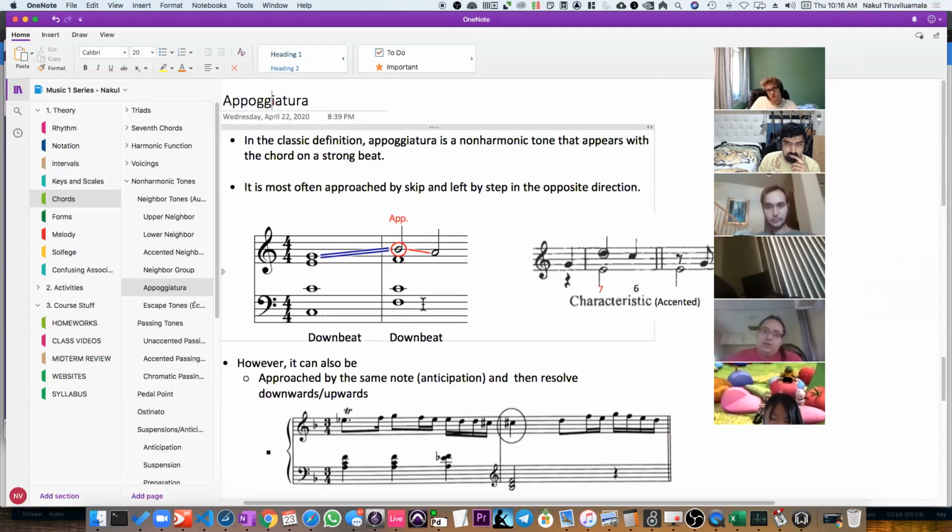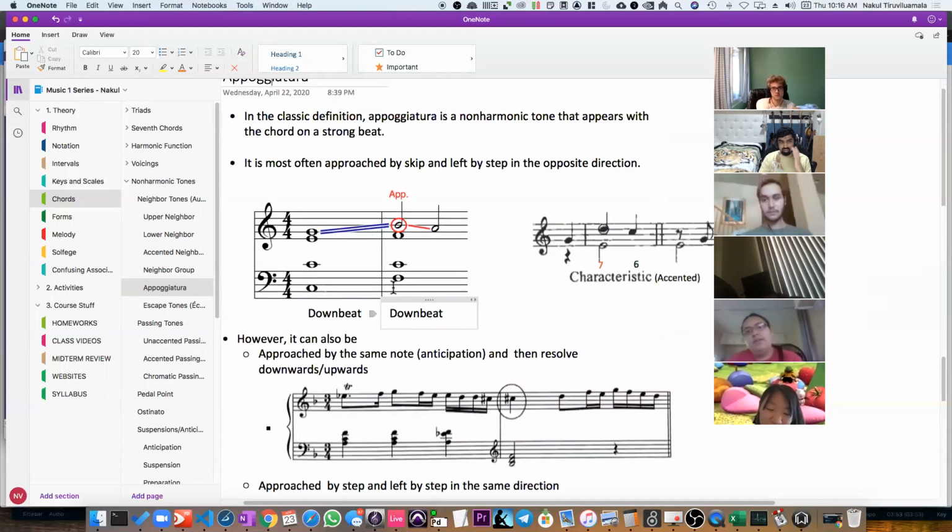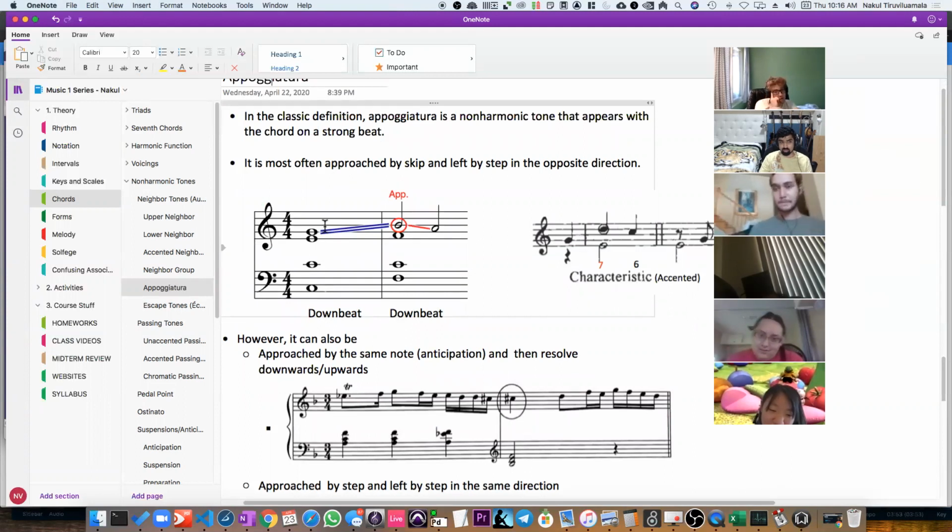Okay, cool. I was wondering how the appoggiatura differentiates from the accented neighbors, because it seems similar to me in that it takes place basically as a neighboring tone on the strong beat. Okay, so the classic definition has a great answer for this. The non-classical definition doesn't have a great answer. So I'll give you an example of how the classical definition gives you a great answer.